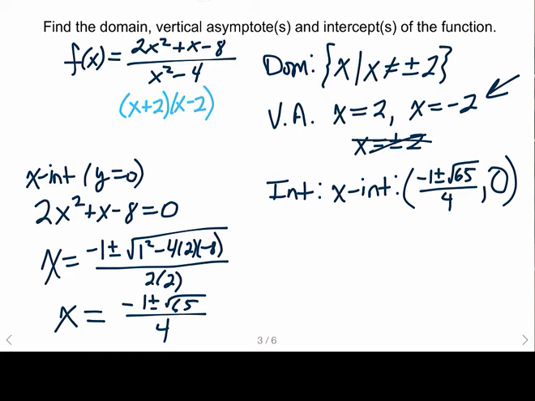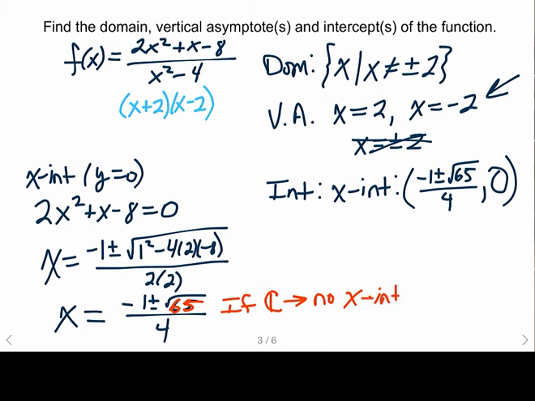By the way, if this radicand, which in this case is 65, had turned out to be negative, then it would have been complex numbers, and complex numbers don't give x-intercepts. And so if that were the case, we would say no x-intercept, at least not from those factors.